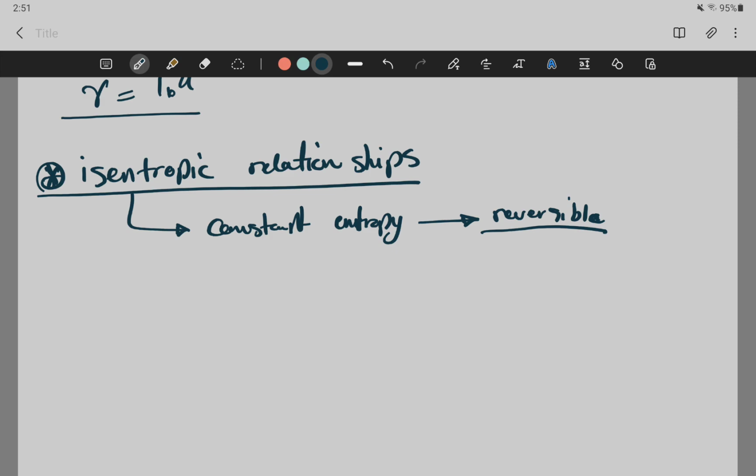I have delta S equals 0 and adiabatic. Delta S 0, adiabatic. Emery? The same thing. Okay, adiabatic, reversible. Lawson? Constant entropy, constant variable S, and adiabatic, so no heat transfer.